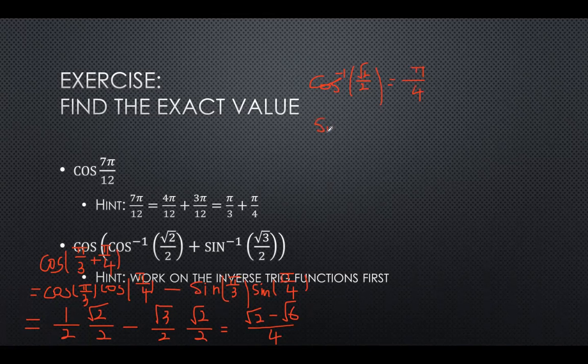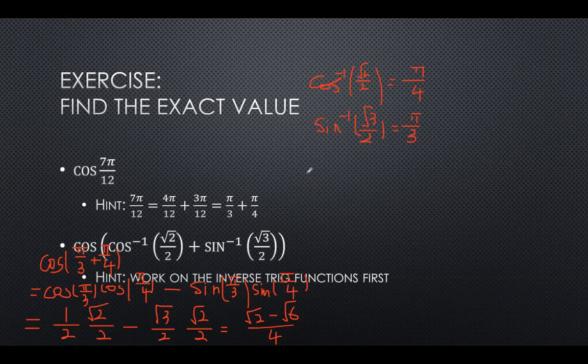And sine inverse of square root of 3 over 2 is basically pi over 3.